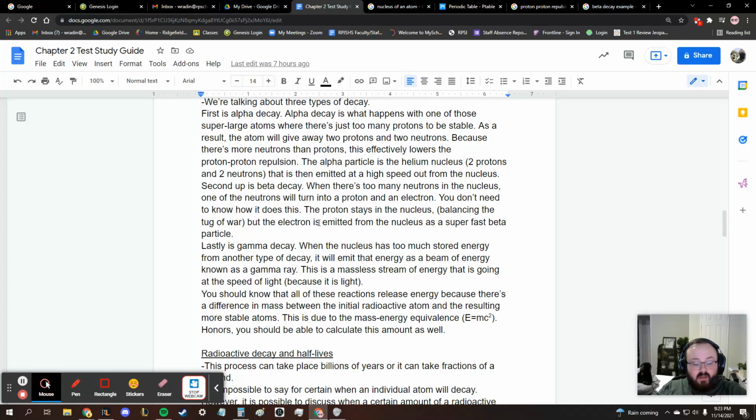So you have this gamma ray that is released, because the nucleus has too much energy and is unstable, and it kind of kamehameha just releases all that energy off in a beam known as a gamma ray. We're going to get into light probably in the next chapter, so just know that it is pure energy, and it is a very high amount of energy. But it is light, so it moves at the speed of light. Okay?